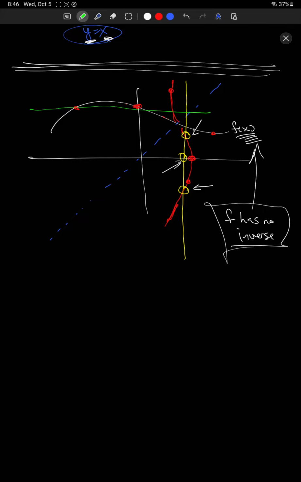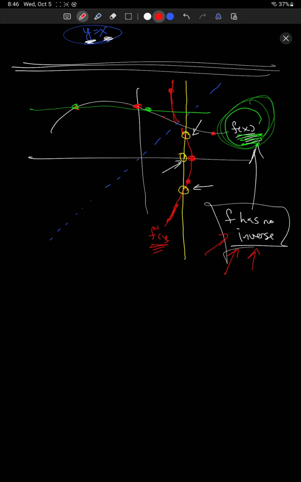So what's happening is, if your original function fails the horizontal line test, in other words, if a horizontal line touches your original function in more than one place, then when you flip it, your proposed inverse function is going to fail the vertical line test. And so that means you're not going to have an inverse.